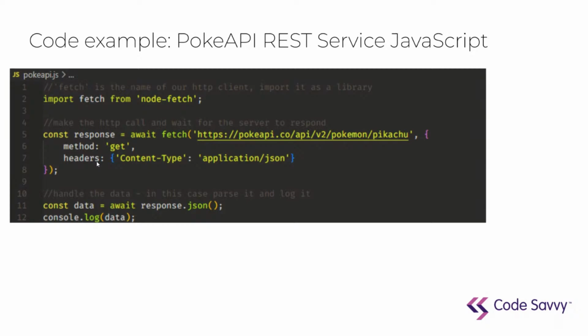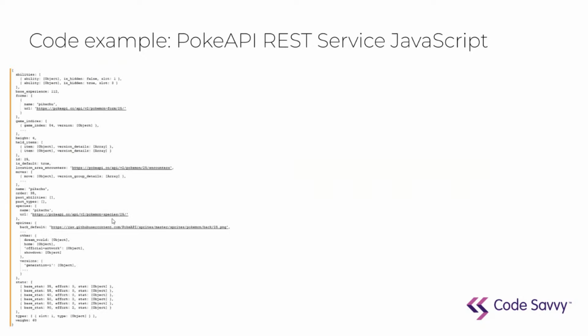So I format the HTTP call, and then I send it to the server, which fetch handles for me, and the server responds, and I'm going to log the data. The data that comes back, I had to make it super small and delete some redundant stuff, but I got this whole thing back, and that's defined in the documentation that we saw earlier.